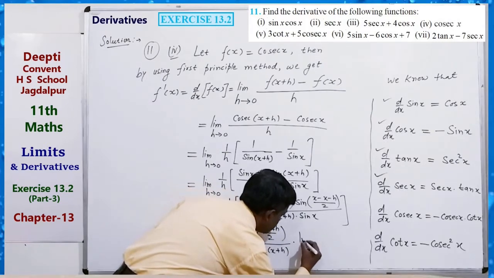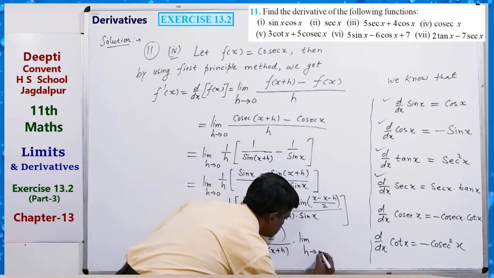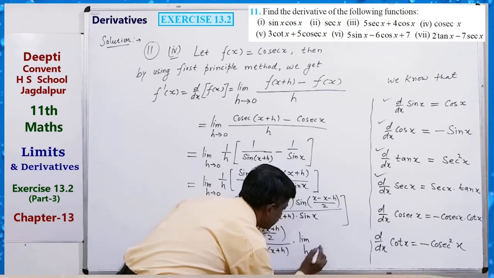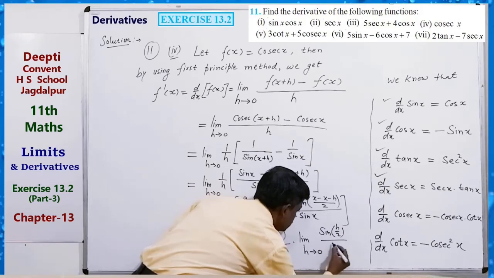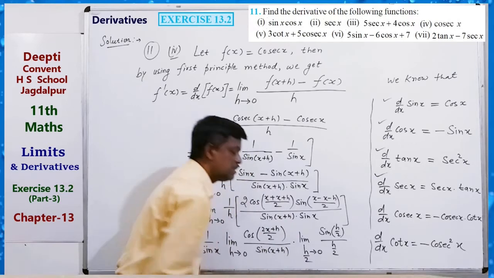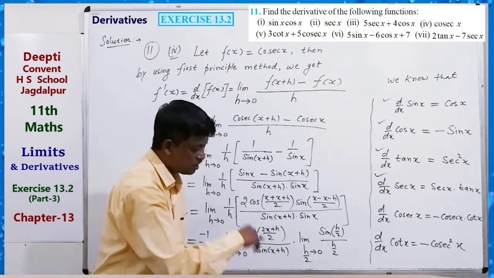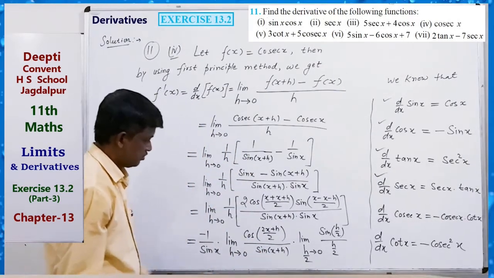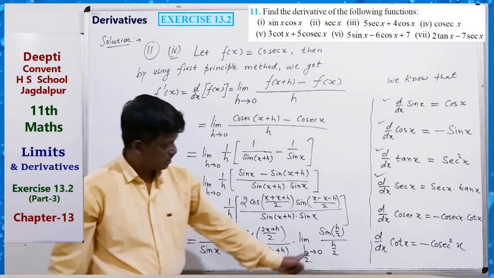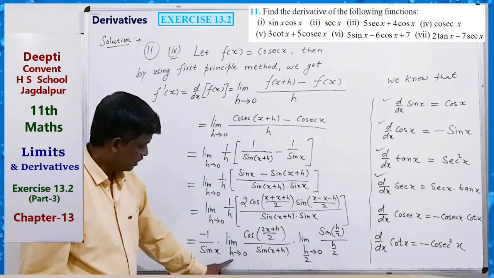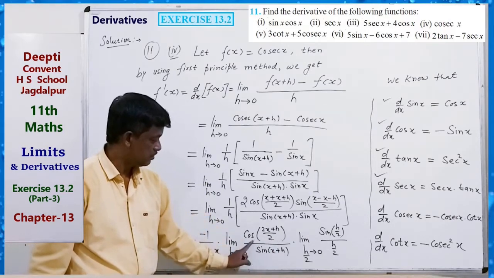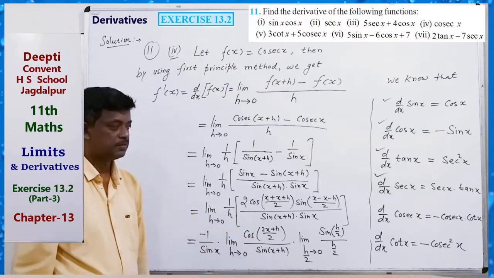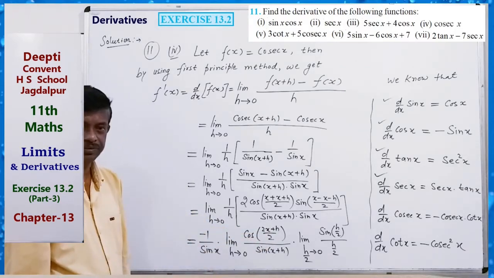Here we can write another limit h tending to 0, sin h by 2 upon h by 2. Here as h tending to 0, h by 2 also tends to 0. So this is our standard form. This limit is 1. Here h can be put as 0 here and here. So sin of x plus 0 is sin x, and cos of 2x plus 0 by 2 is cos x. So we get what?